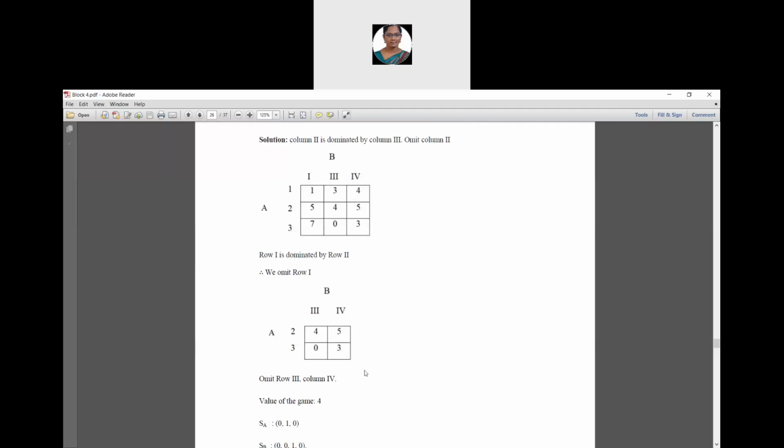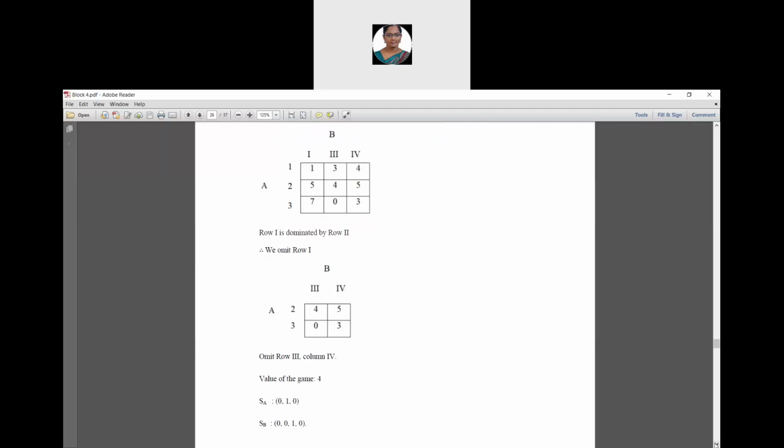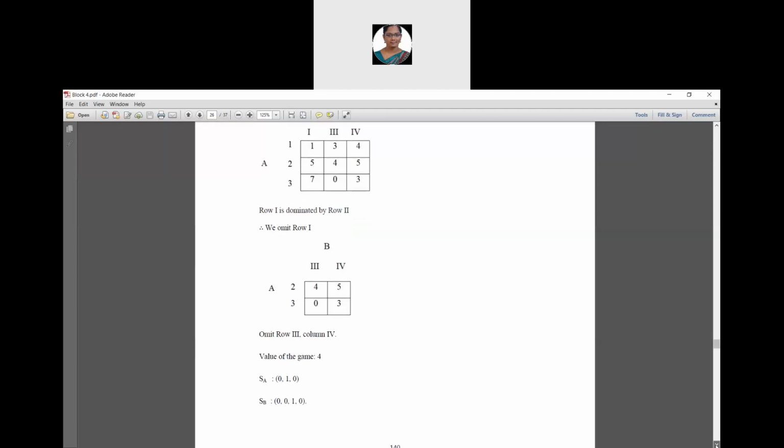Then value of the game V is 4. Strategy for A is 0, 1, 0 and strategy for B is 0, 0, 1 and 0.